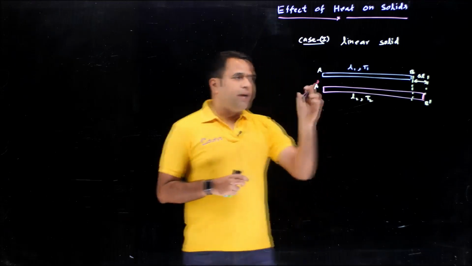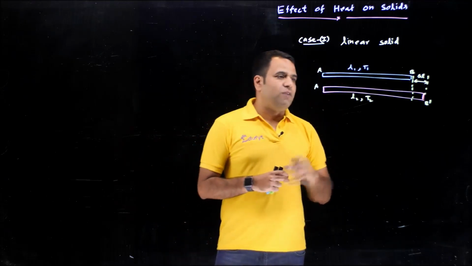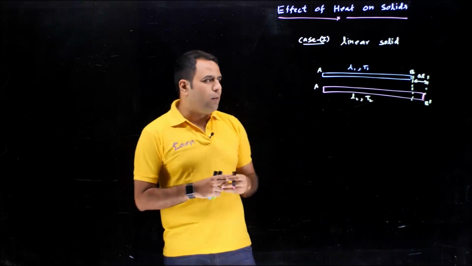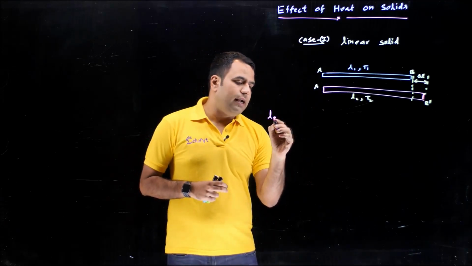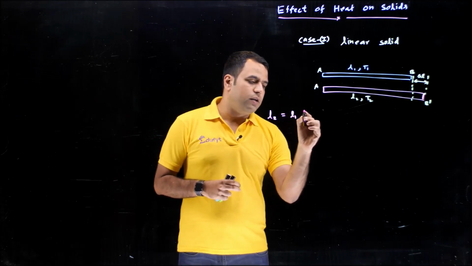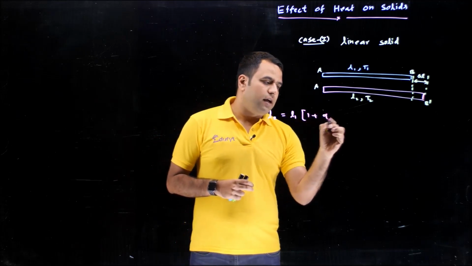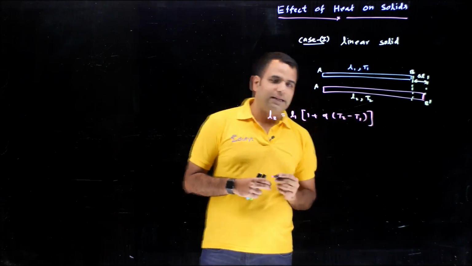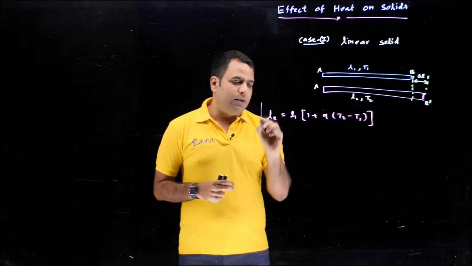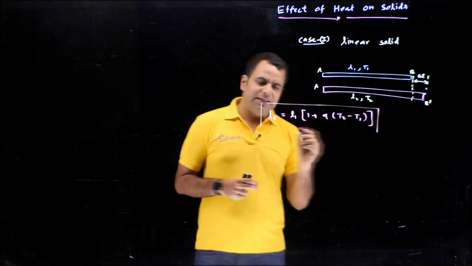In this case, there is a pretty simple formula. The formula applicable here is L2 = L1(1 + alpha(T2 - T1)). From where do we get the formula? This formula is empirical in nature.